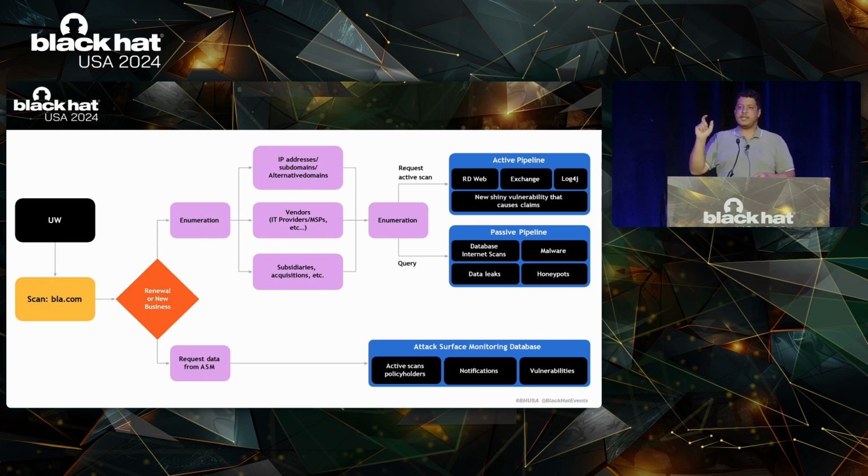Why? Because one interesting thing about cyber insurance is that if a company owns more than 10% of another company, that subsidiary is potentially covered by the policy of the main company. So when you're filling out your paperwork for cyber insurance, make sure you're listing all the domains and all the acquisitions your company has done.